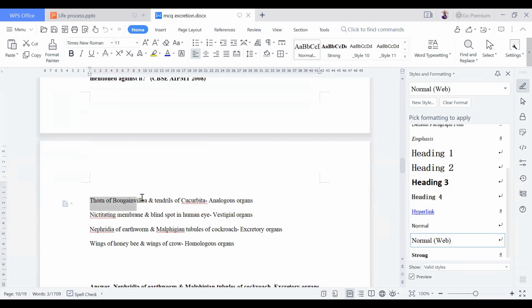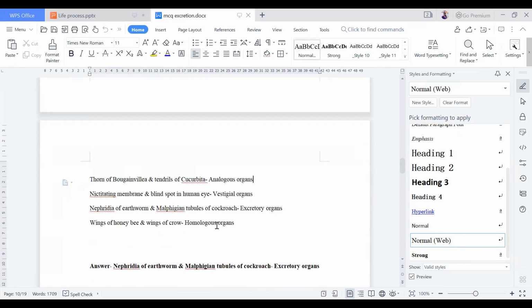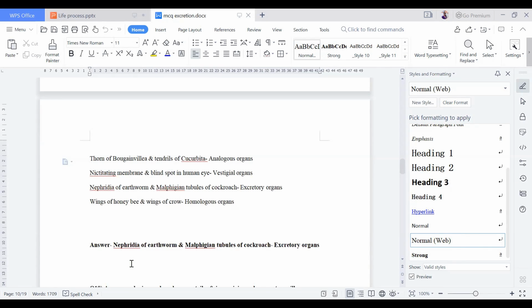Among the four options, which is right? The right answer is nephridia of earthworm and malpighian tubules of cockroach. These are the excretory organs. That is the right answer.